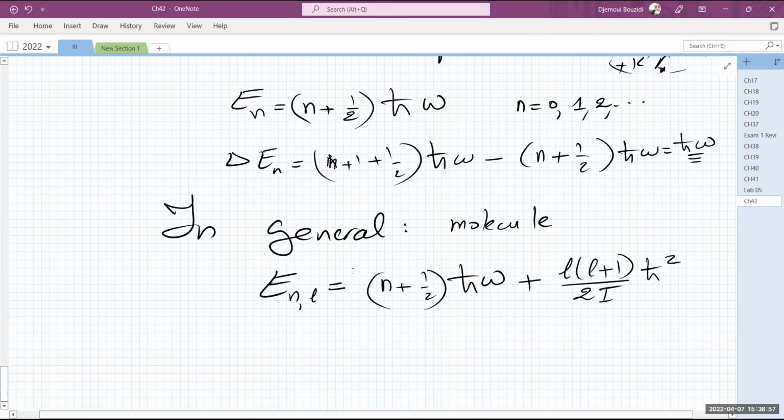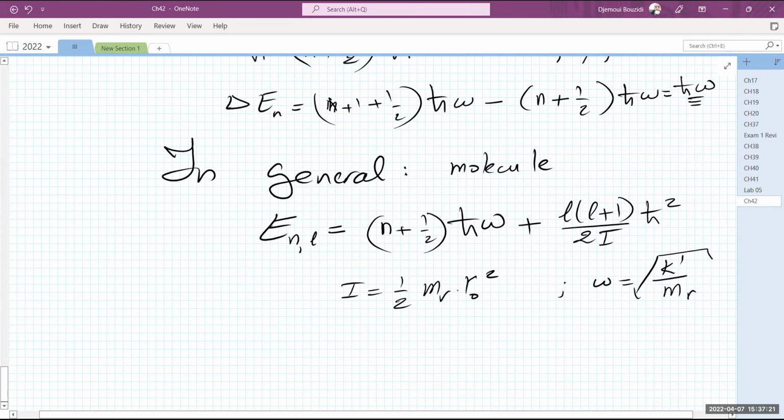Where in this case, I is equal to 1/2 of MR times R naught squared, and also omega is equal to the square root of K prime, the equivalent spring constant of the system, divided by MR, where in both cases MR is the reduced mass.